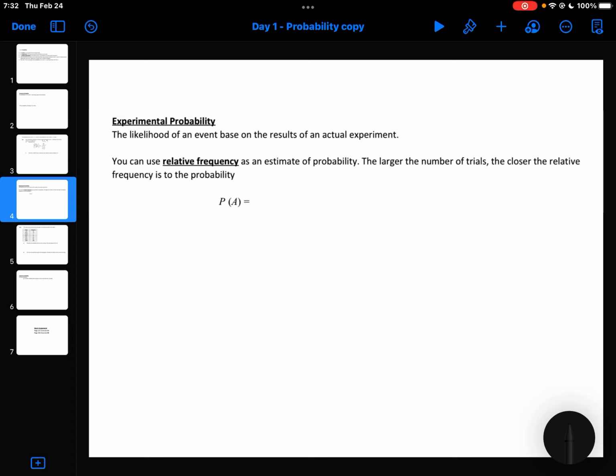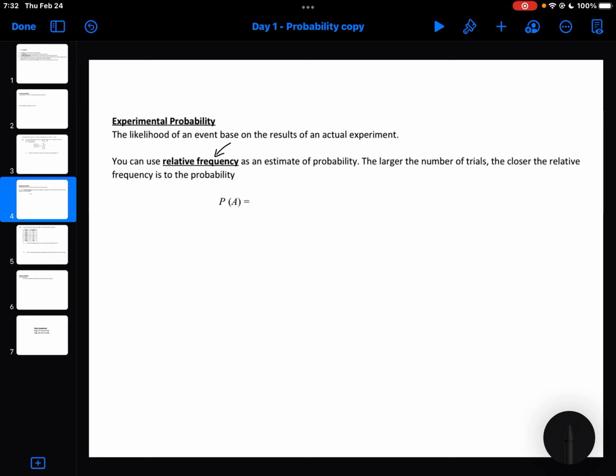What we use in experimental probability is something called relative frequency as an estimate of probability. The larger the number of trials that you do, the closer the relative frequency should be to the theoretical probability.